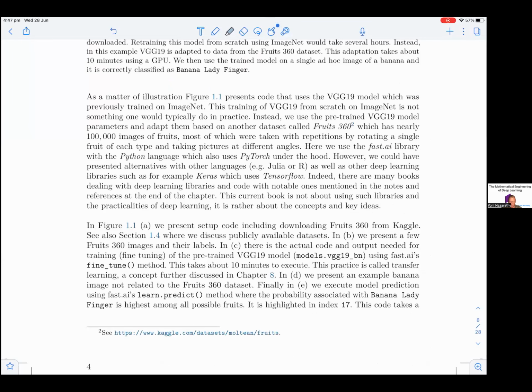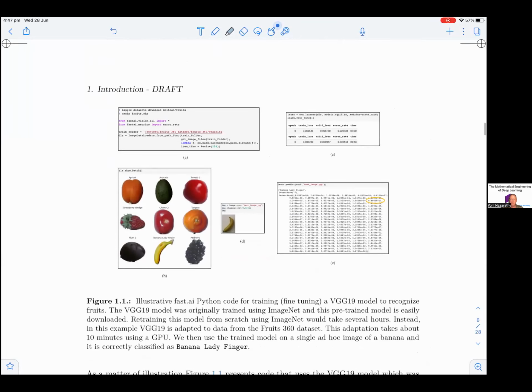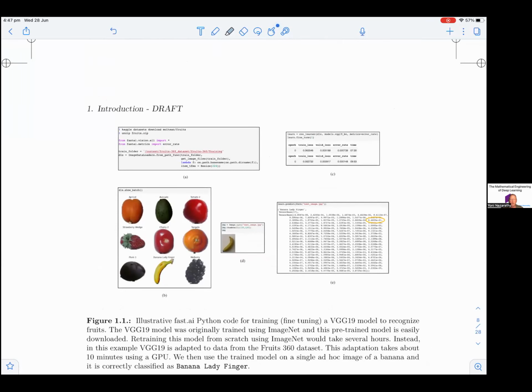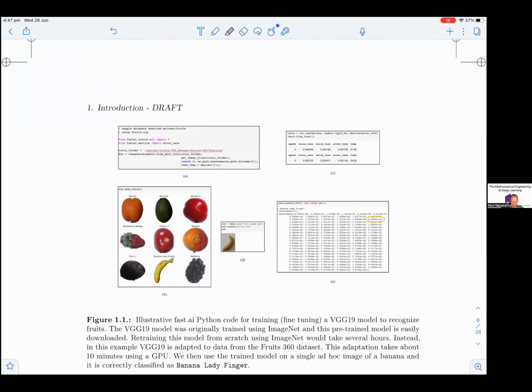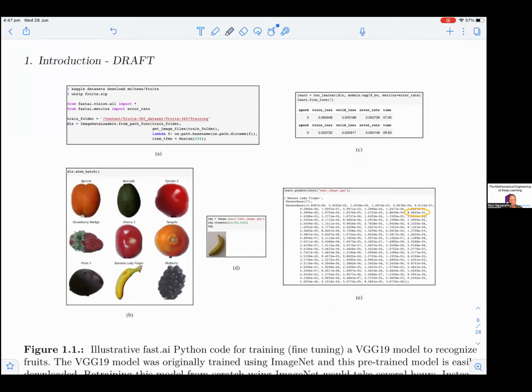See also section 1.4, where we discuss publicly available datasets. In B, we present a few Fruits 360 images and their labels. So in A, there is very easy to use code from fast.ai that downloads Fruits 360. And in B, you see a few fruits, such as an apricot, and their labels.